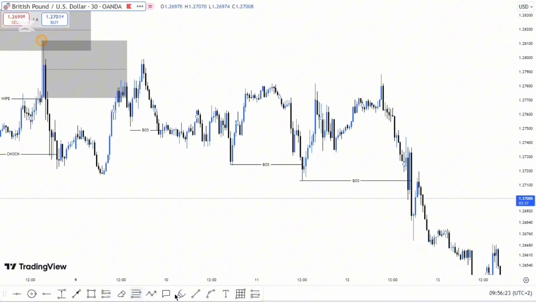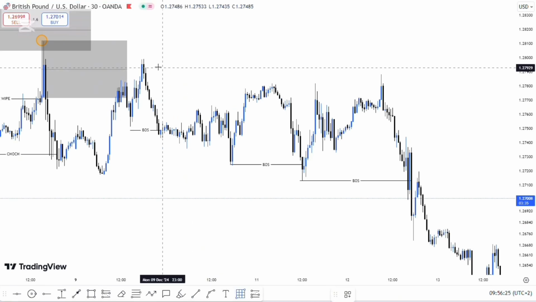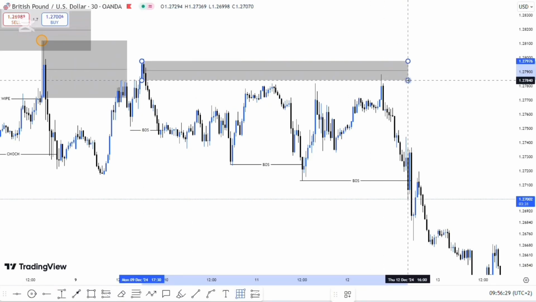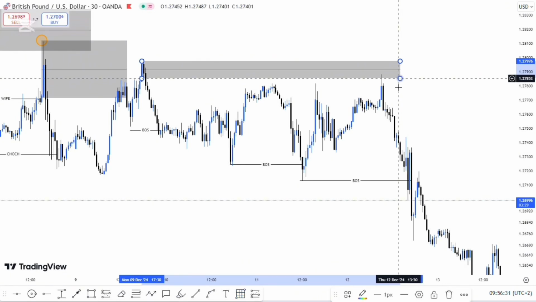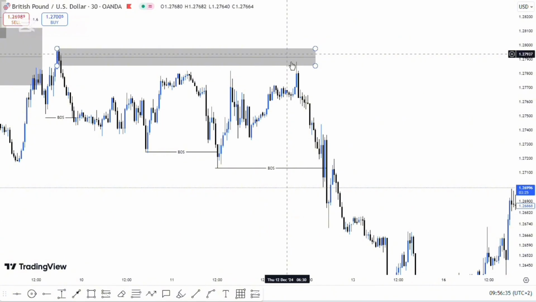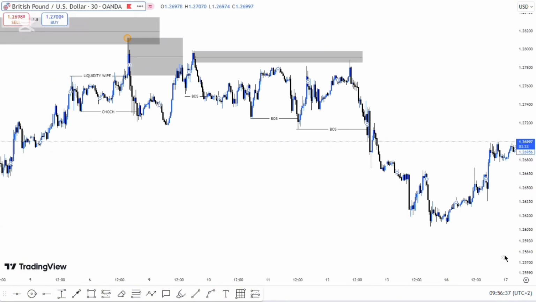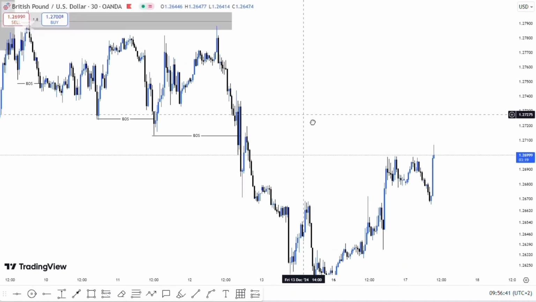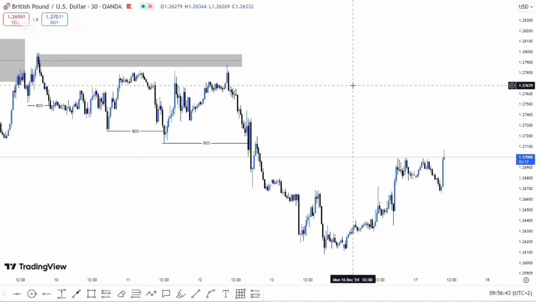As you can see, the origin which caused the first break of structure is this origin right here, where price came, cleared liquidity and tapped into the origin, and then price dropped massively, as you can see.